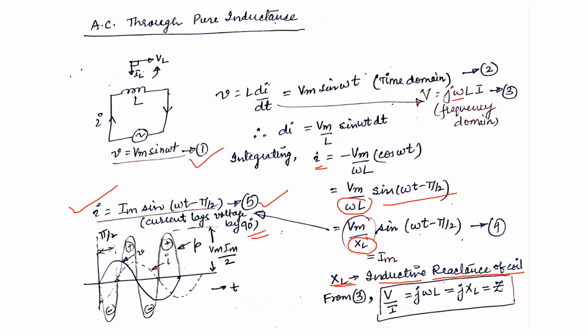Now from equation 3, if we take the ratio of phasor voltage by phasor current, that gives us the quantity known as the impedance.